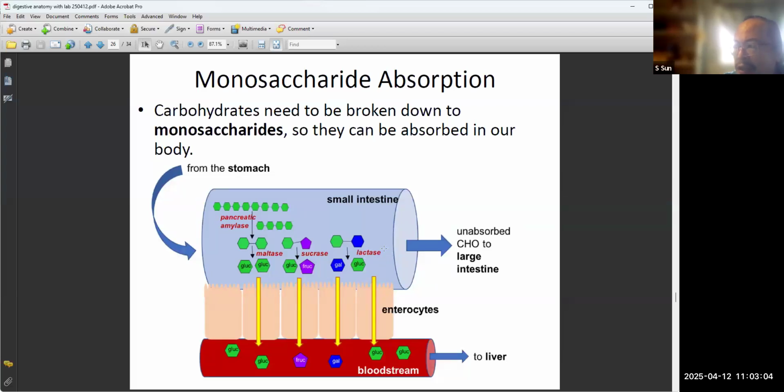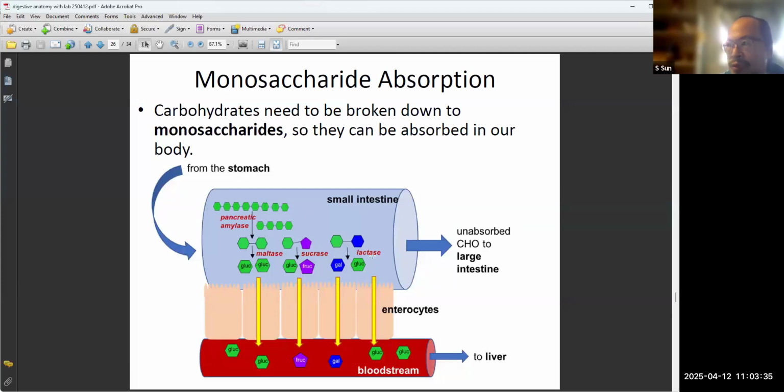Particularly for adults, we gradually lose the production of lactase, because lactase is the enzyme to break apart lactose. Lactose is the primary nutrition that babies get from milk, but adults have adult food. So we have some other enzymes, and the production of lactase becomes less.